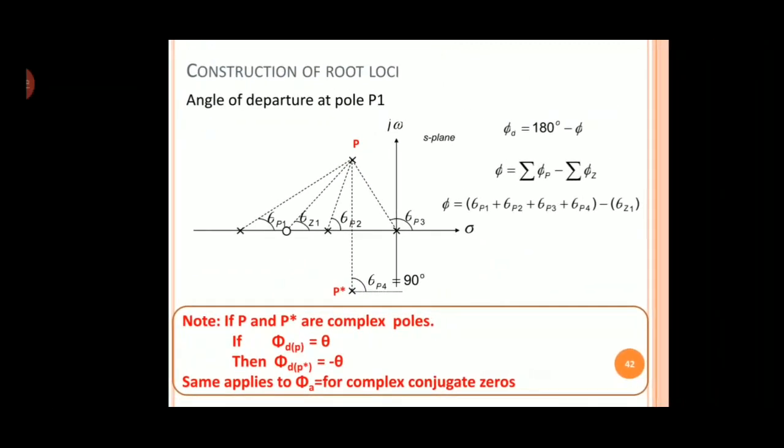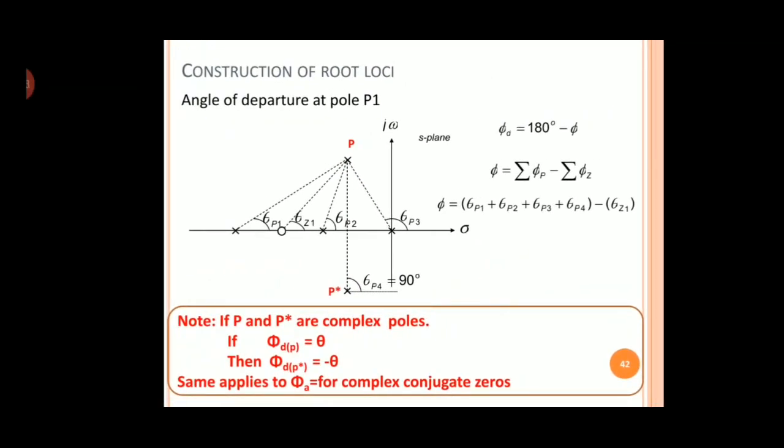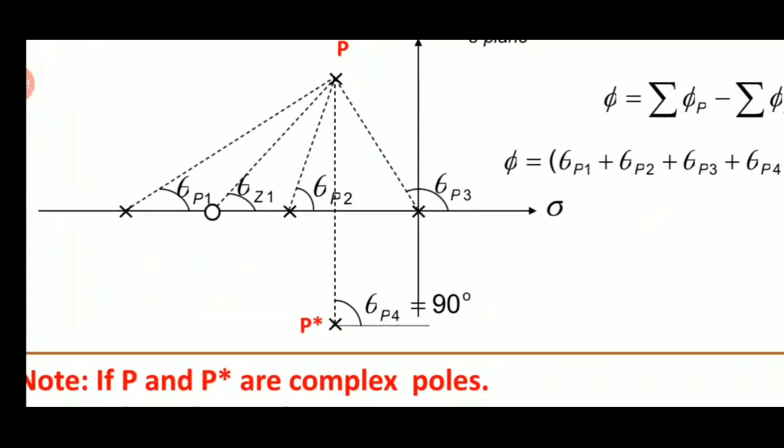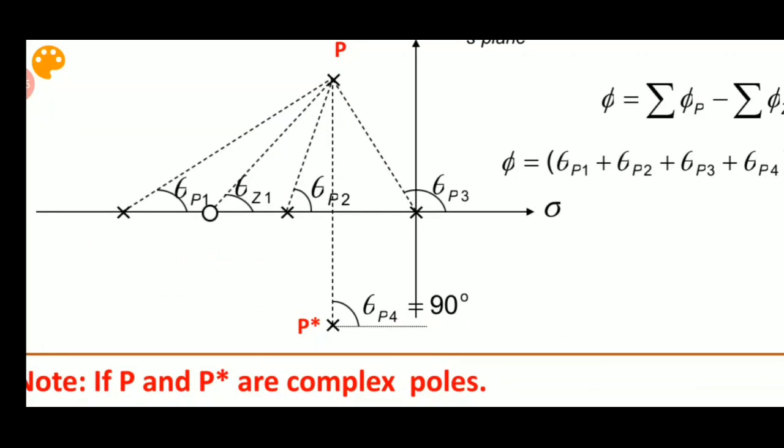Angle of departure is 180 degrees minus phi, and I need to calculate the angle contributions theta P1, theta P2, theta P3. Theta P1 is the angle contribution by pole P1, theta P2 by pole P2, theta P3 by pole P3, and this is theta Z1, which is the angle contribution by Z1.